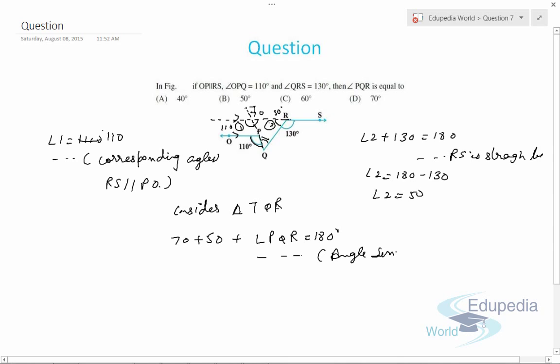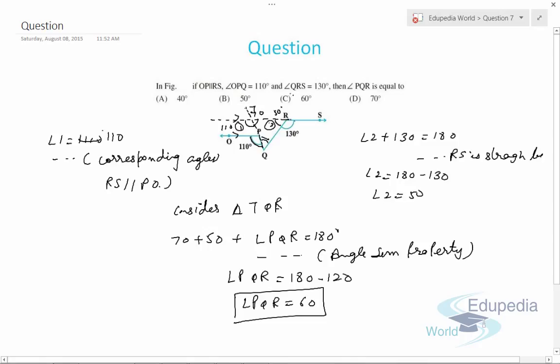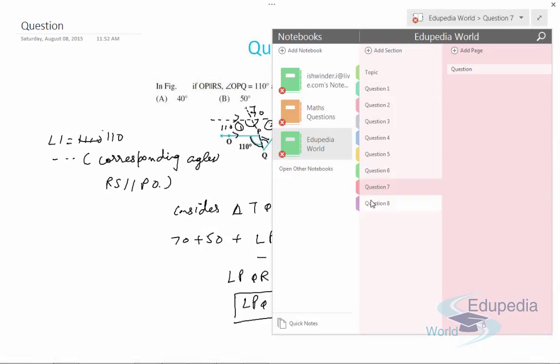Angle sum property. So it will come out to be angle PQR equals 180 minus 120. Why? 70 plus 50 is 120. So angle PQR is equal to 60 degree. So we got angle PQR is 60 degrees. The option is C. Now let's move on to the last question of the video.